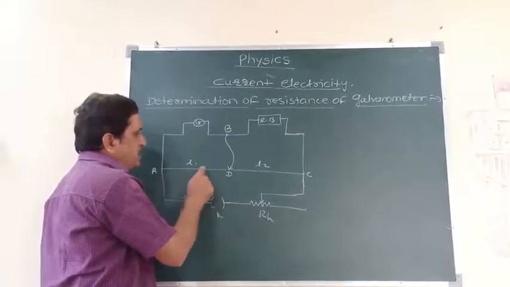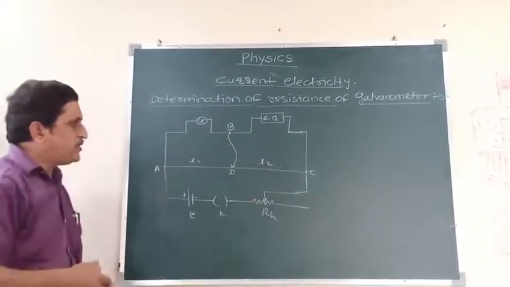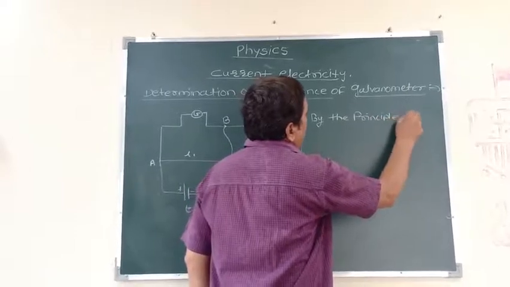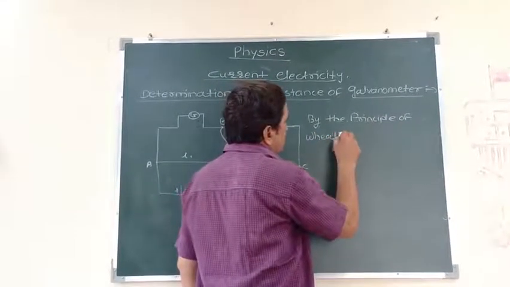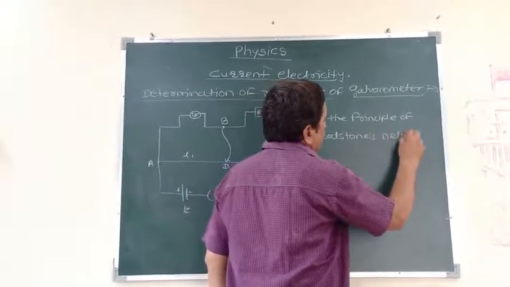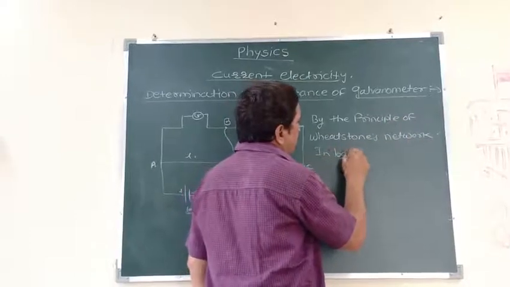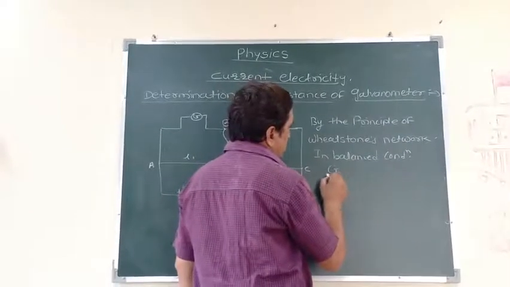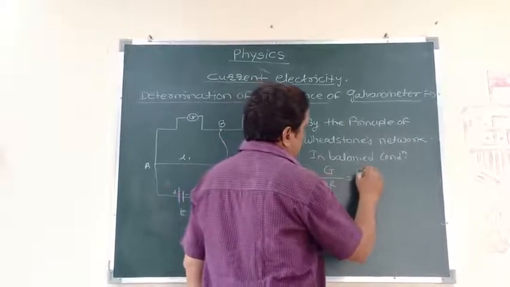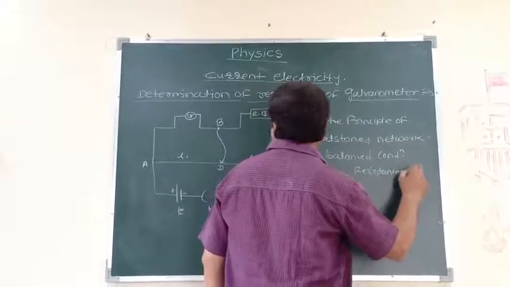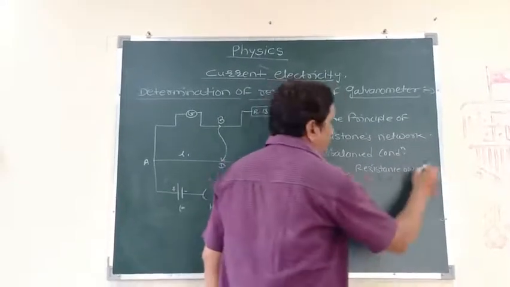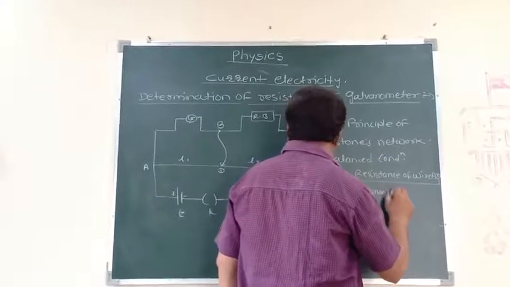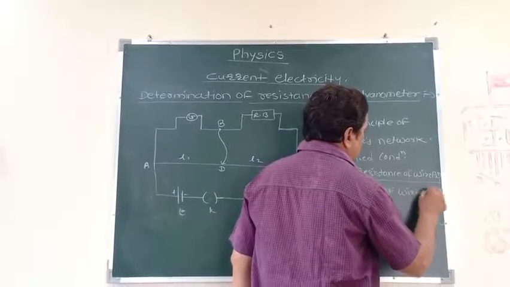If L1 is the length of wire AD and L2 is the length of wire DC, then by the principle of Wheatstone's network in balanced condition, we can write G divided by R equals resistance of wire AD divided by resistance of wire CD.